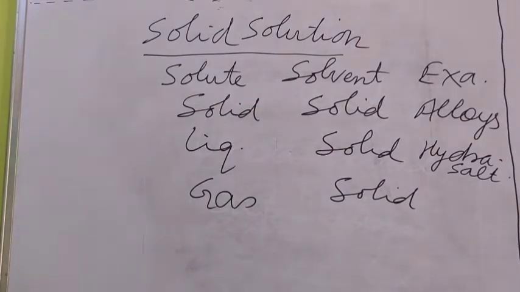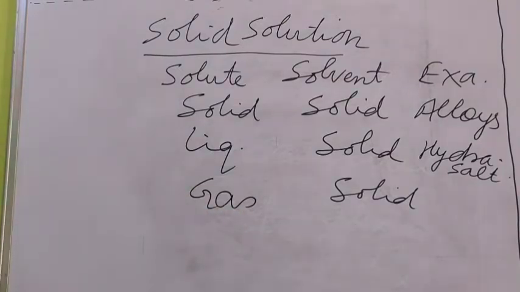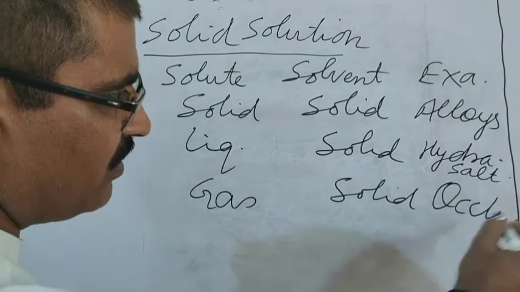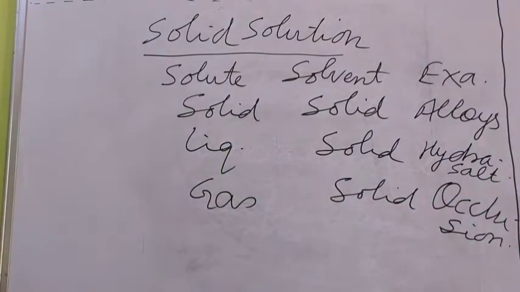So gas dissolved in solid, the example is metal surface adsorb number of gases, that is known as occlusion. All of you will learn in the surface chemistry later on.